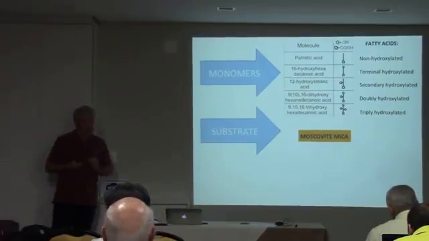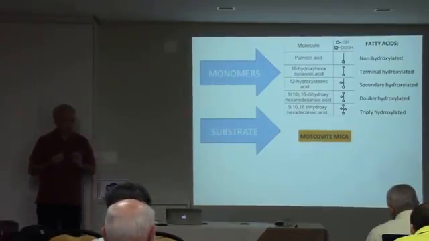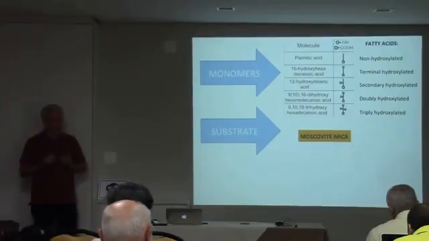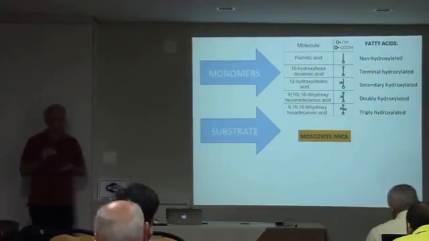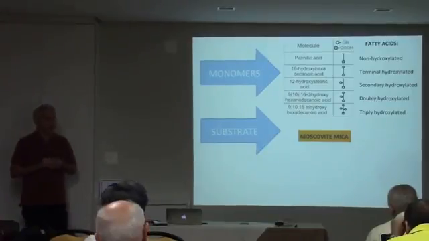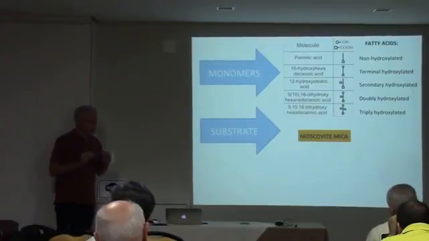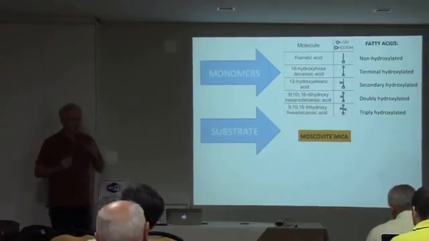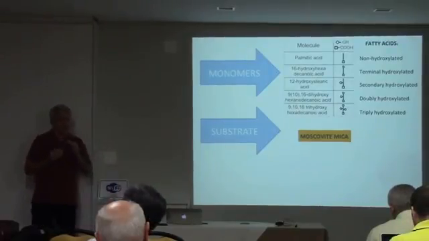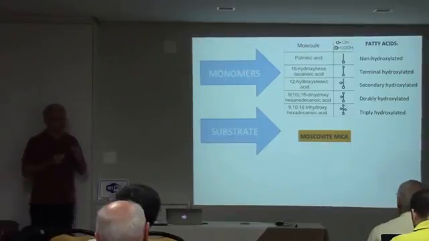The muscovite mica also has a particularity, which is that the binding between the monomers and the substrate is not very intense. It is a very weak bond.